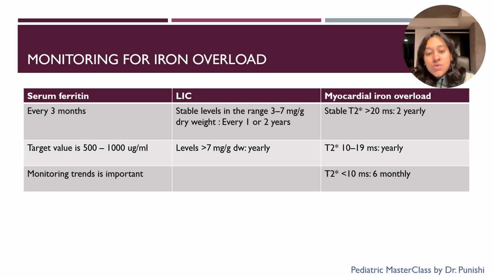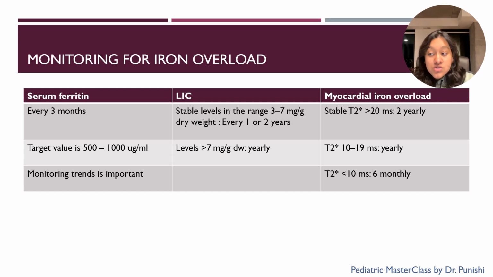Myocardial iron overload: a stable T2 star of more than 20 milliseconds. In that case, your MRI needs to be done every 2 years. Like we saw in the previous slides, the higher the T2 star, the lesser the iron overload. So if the T2 star is more than 20, you need to do it every 2 years. If the T2 star is between 10 to 20, it needs to be done yearly. And a T2 star value of less than 10 means there is a significant amount of iron overload.